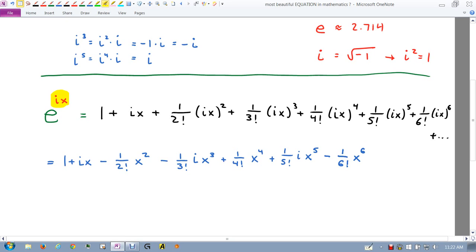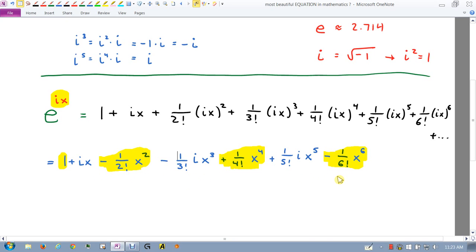I'm going to highlight everything that doesn't have I. Do you recognize that? 1 minus 1 over 2 factorial x squared plus 1 over 4 factorial x to the fourth minus 1 over 6 factorial x to the sixth.